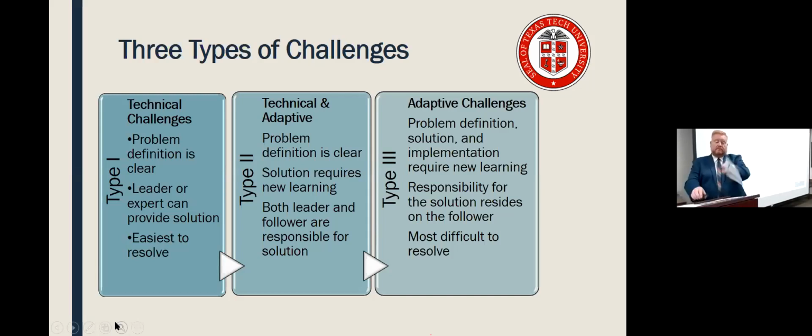Would it be right if I say issues like, say, human trafficking would fall under adaptive challenge, because we would have to go deep into the root to find out what the problem is, why are we having human trafficking? I want to be clear on this whole thing.